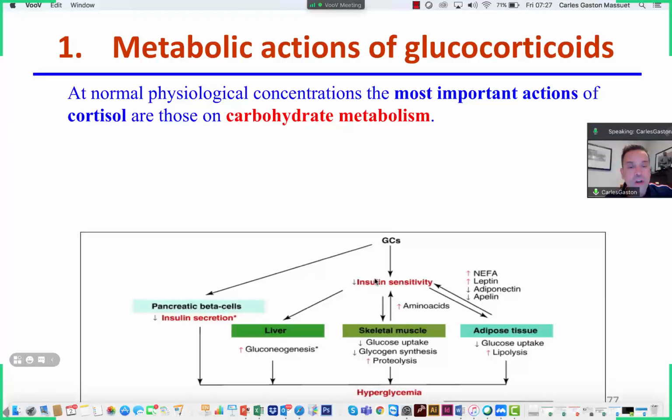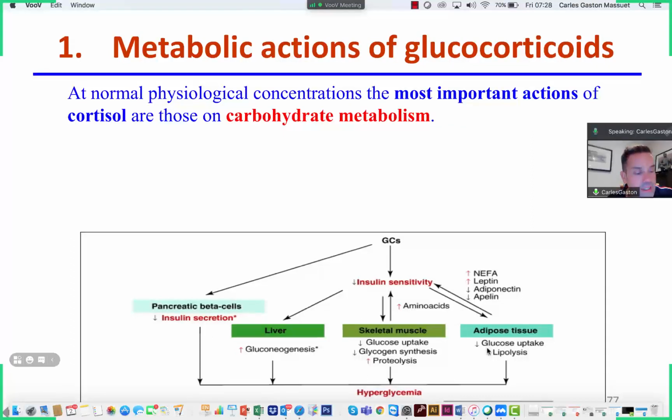Then they also work on insulin sensitivity. In the skeletal muscle, they reduce the glucose uptake and glycogen synthesis, and they increase proteolysis, or breakdown of proteins. And in the adipose tissue, they reduce the glucose uptake and increase lipolysis.